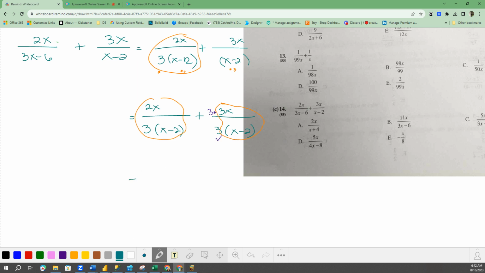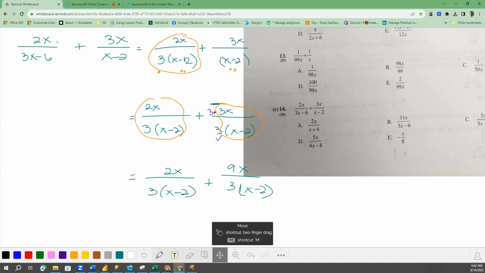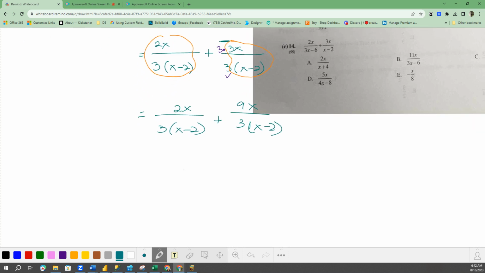Okay, so now let's simplify. So you have 2x over 3 times x minus 2 plus, you can multiply that, you have 9x over 3 times x minus 2. So now you have the same denominators, you can just rewrite them together. So you have 3 times x minus 2, and then the top, well, they're like terms, so you can add them.